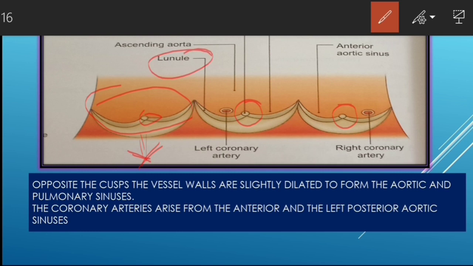This is the thin smooth margin. Okay, and these valves are closed during ventricular diastole when each cusp bulges toward the ventricular cavity. Opposite the cusps, the vessels are slightly dilated to form the aortic and pulmonary sinuses. The coronary arteries arise from the anterior and the left posterior aortic sinus. This is the right coronary artery and the left coronary artery.